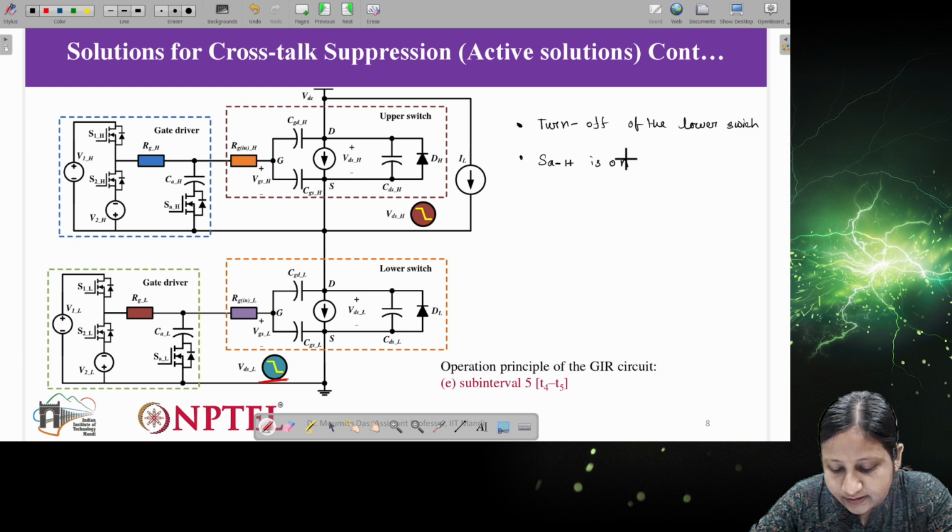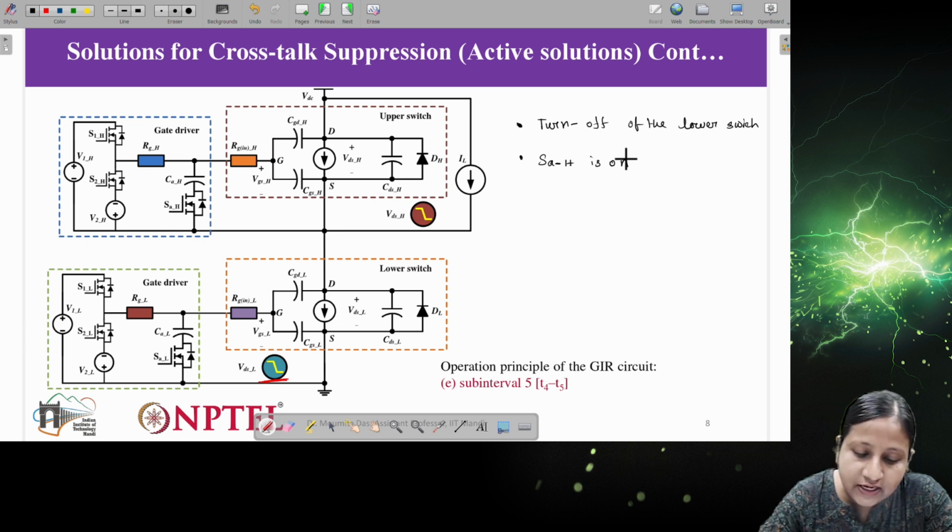As you have seen, if the device turns off, the negative voltage generally appears across the upper switch, right? The problem was that if the negative voltage goes beyond the negative voltage rating of the upper switch, it will destroy the device and its reliability.